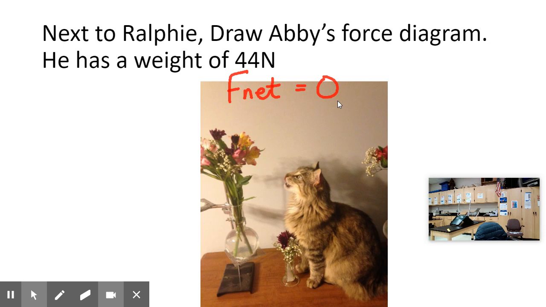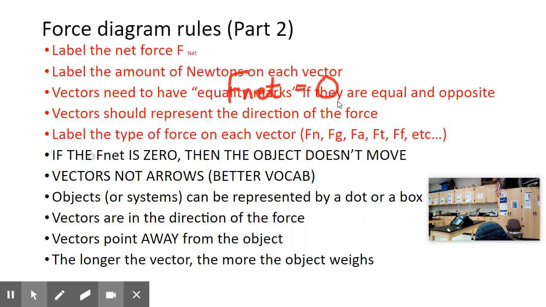So how do I start my force diagram? Gabe, how do I start a force diagram? Okay, so let's try this again.